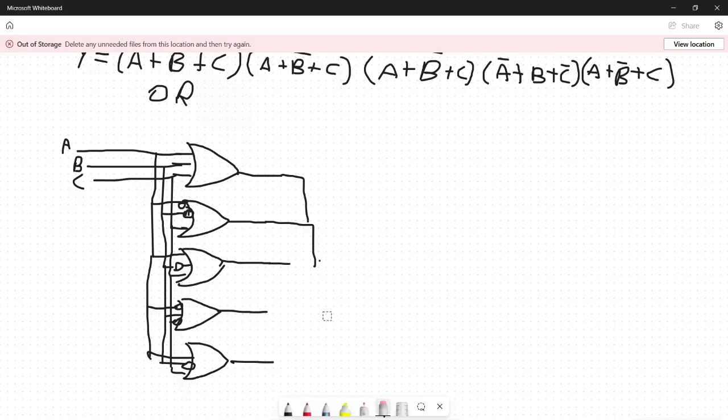Actually, I'm going to go like this. So all of these come together and they join in one big AND gate. So these are all OR gates. This is an AND gate.